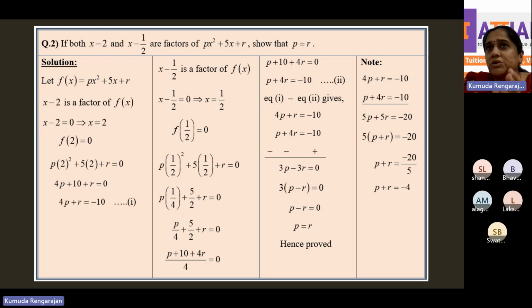Coordinate geometry, then linear equations, Euclid's geometry. Lines and angles, maybe I can just start. You only said lines and angles. Linear. Completely. Three pages?